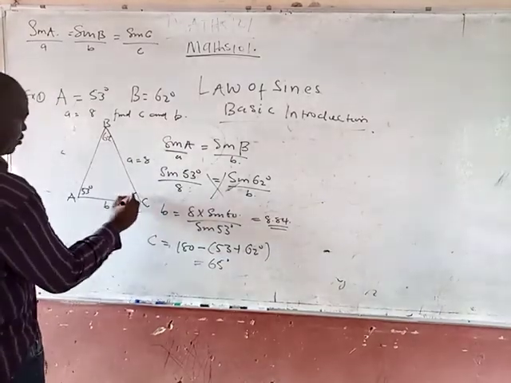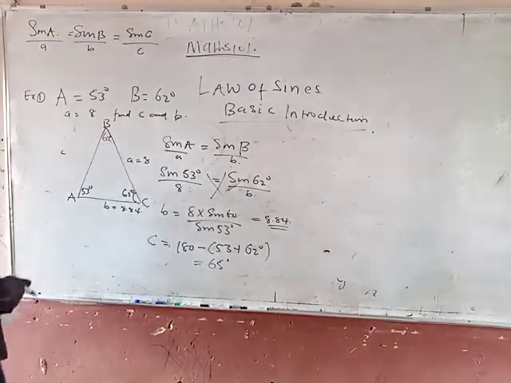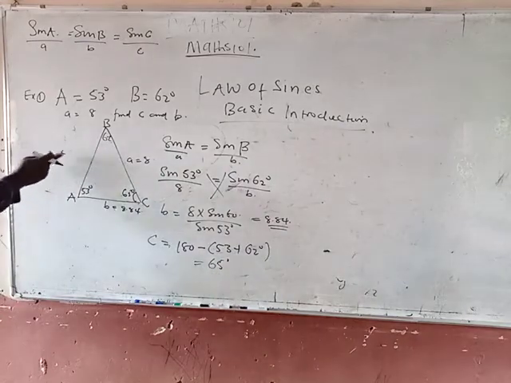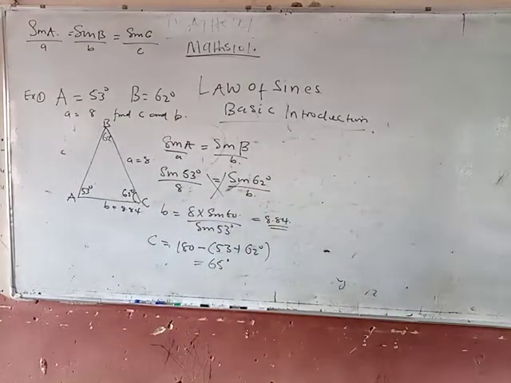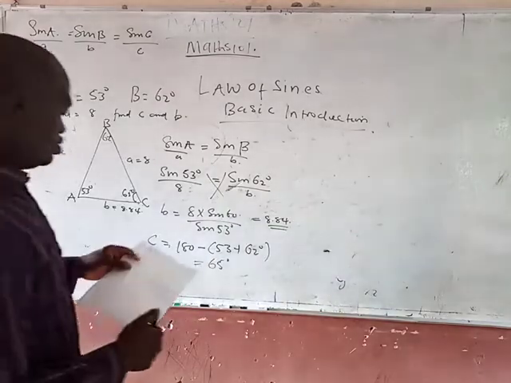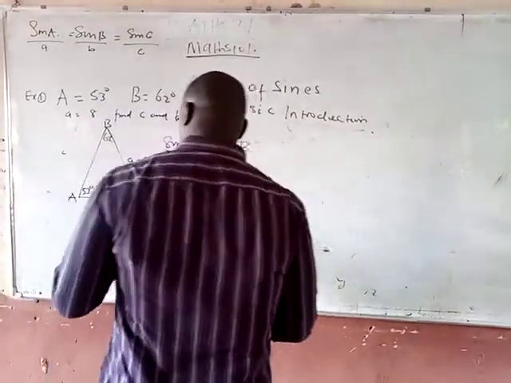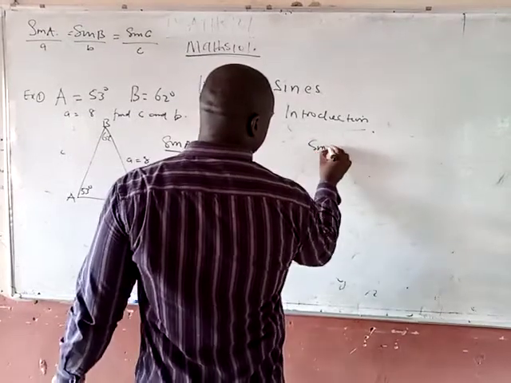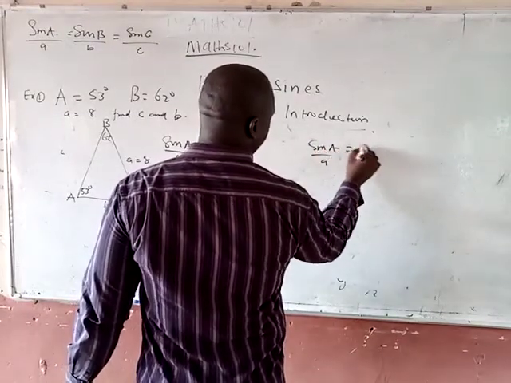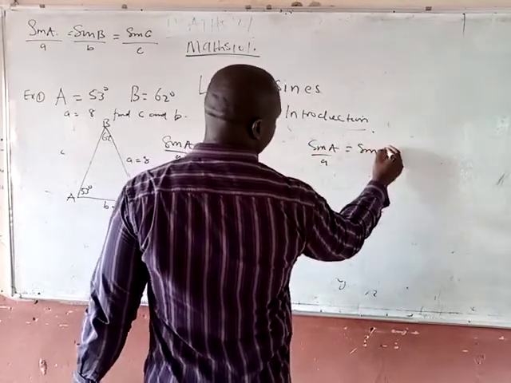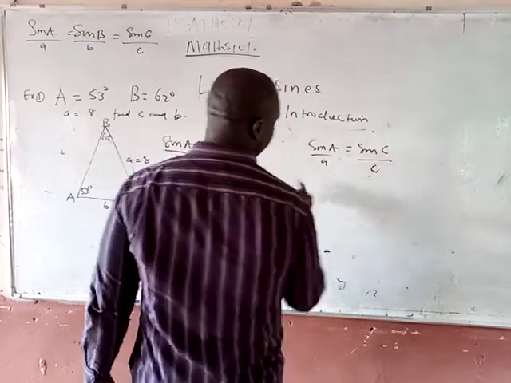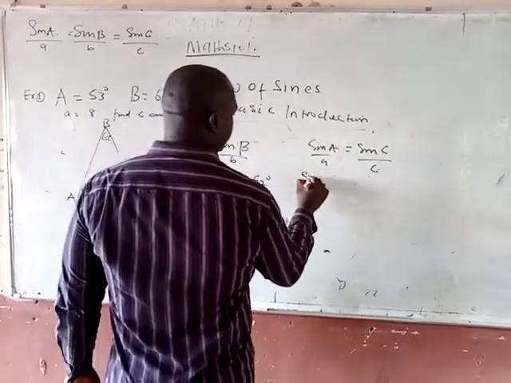So C is now 65 degrees. If you have all this, you can calculate the side c. So what am I going to do right now? It's going to be sine A all over a equals sine C all over c.